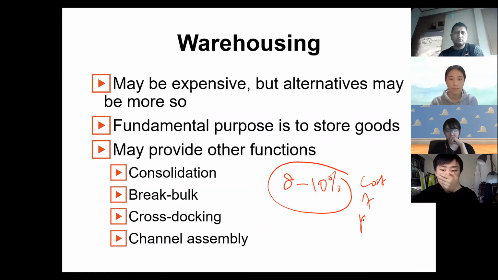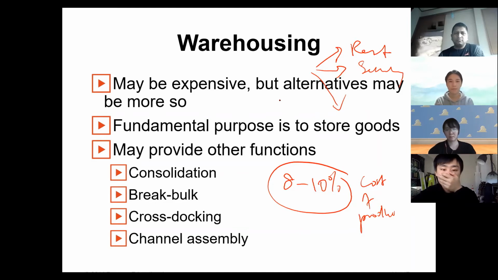Why? Because you need to rent the warehouse, and you need to make sure there is security and so on. So it may be expensive, but the alternative may be more so.